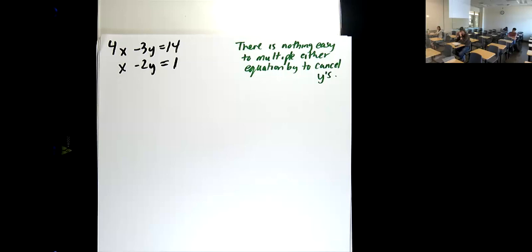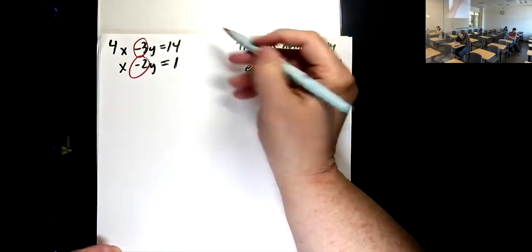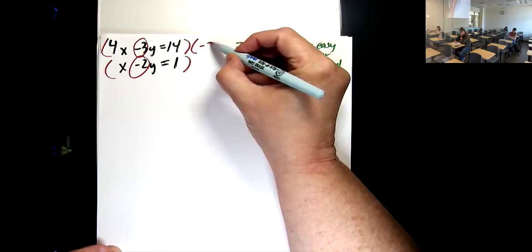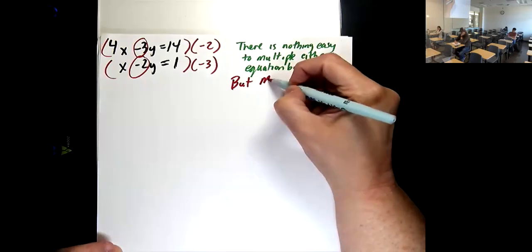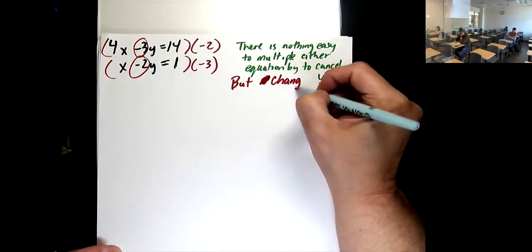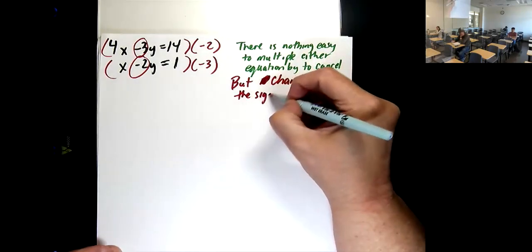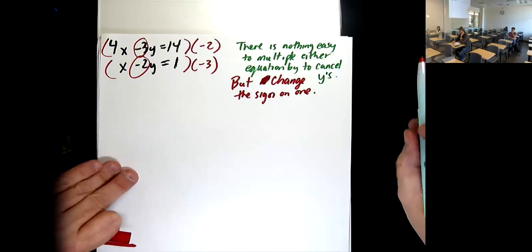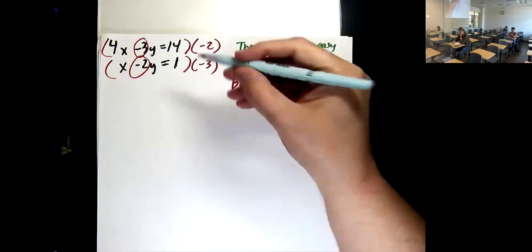So the idea is grab each coefficient and multiply the other equation by it, but change the sign on one. Well, hold on. Yeah. We want to end up where when we add them together, they go to 0. And if I just do it right now, we're going to get 6y on both. So I'll change this one.